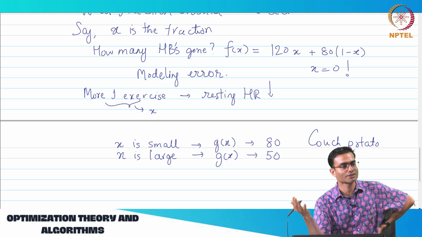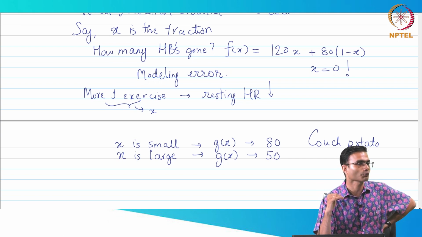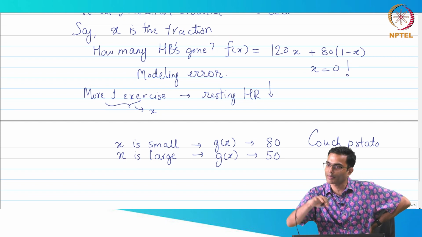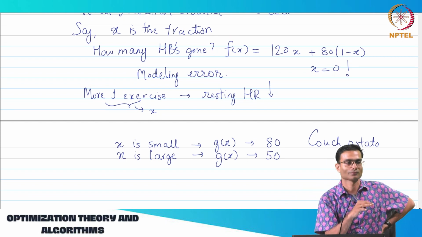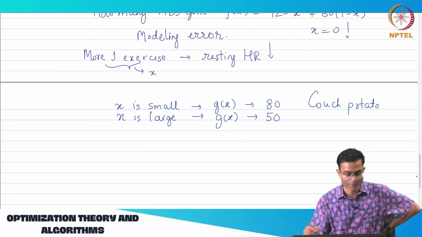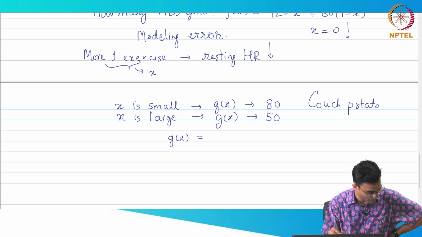So go to the right places, because what are you trying to fix? Remember, what was your starting point? You wanted to fix modeling error. You don't want to replace modeling error by yet another modeling error. So that's an example. Let us say that I did this exercise, and it turns out that g of x is something like this.